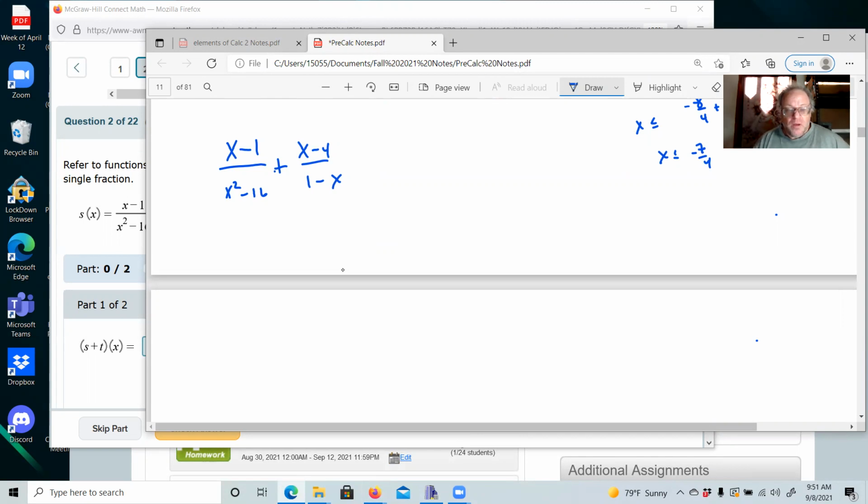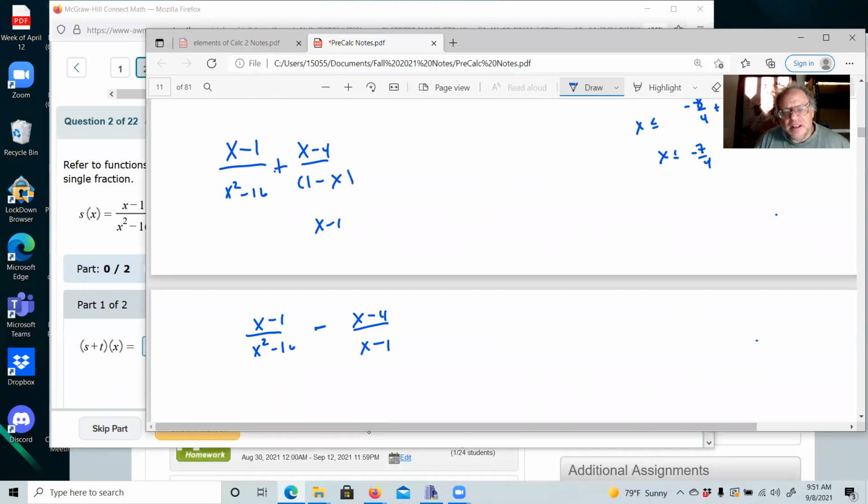x minus 1 over x squared minus 16. This bothers me. I'd rather have x minus 1. So instead of a plus, we'll do a minus x minus 4 over x minus 1.